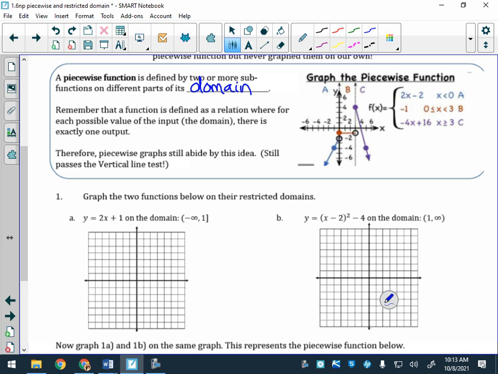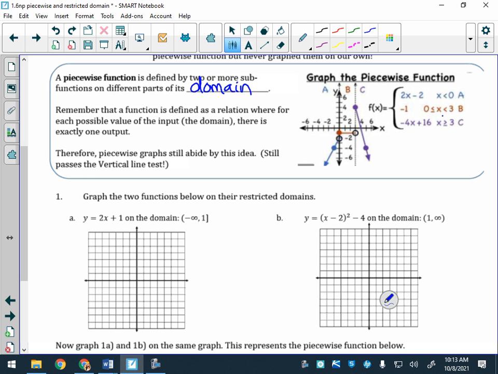This example to the right is a piecewise function. We have 3 separate equations here over a piece of their domain. By doing a piecewise function, it still passes the vertical line test because we have 1 open circle and 1 closed to make it a function.